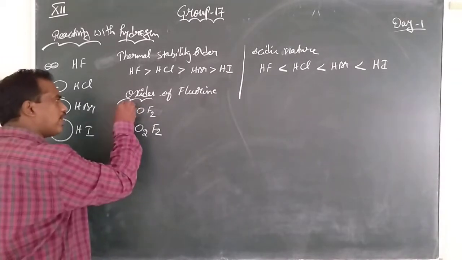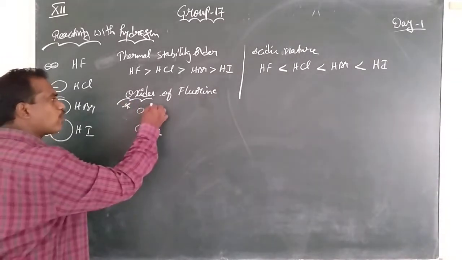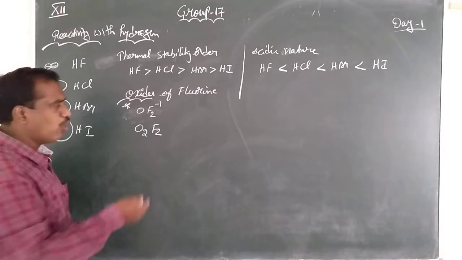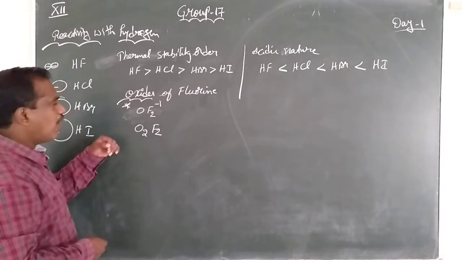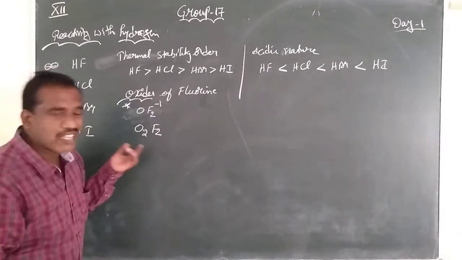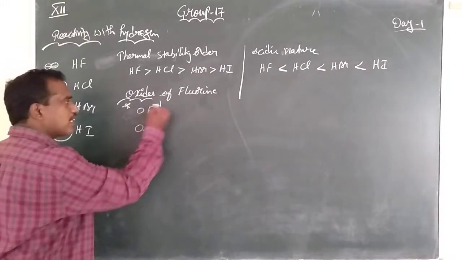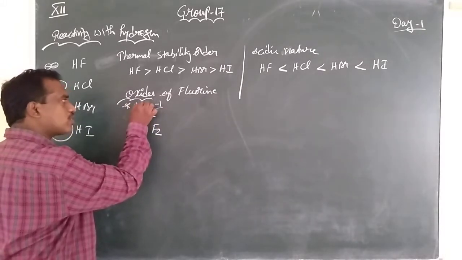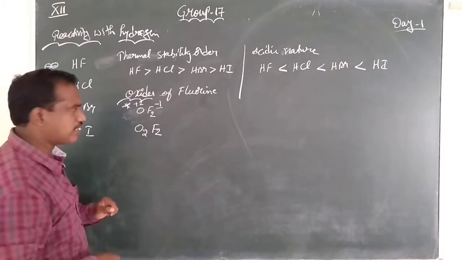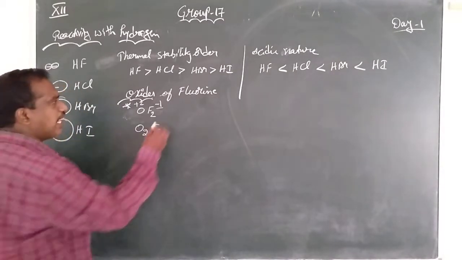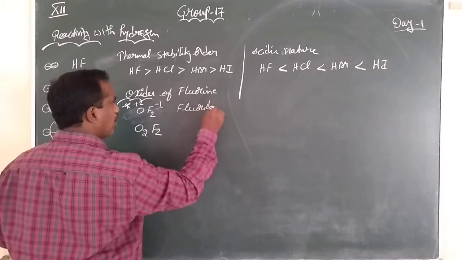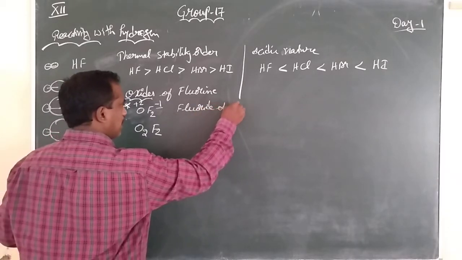This is one of the important areas, because the electronegativity of fluorine is 4.0 and oxygen is 3.5. Fluorine, being very highly electronegative, will show a -1 oxidation state, and two fluorines are there, hence oxygen will show a +2 oxidation state. And this is called the fluoride of oxygen.